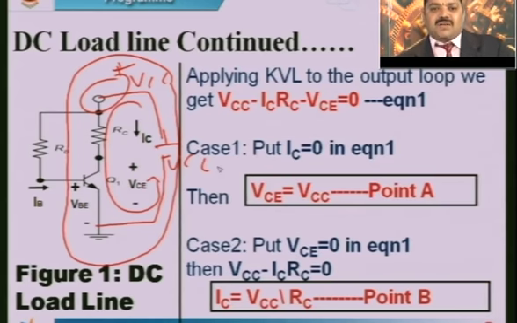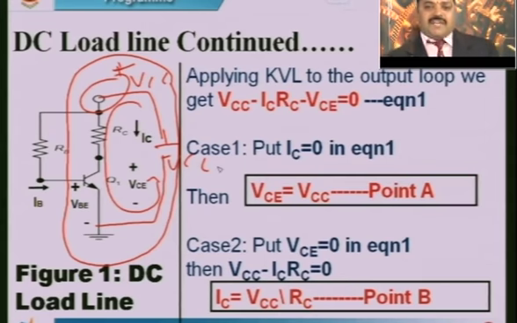The algebraic sum of voltages in a loop is equal to 0. When we come to RC and IC, when we multiply IC and RC, it is a voltage drop in the RC. Then plus VCC minus IC RC minus VCE equal to 0, that is equation 1.